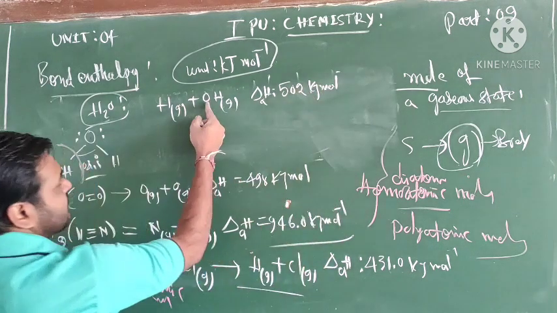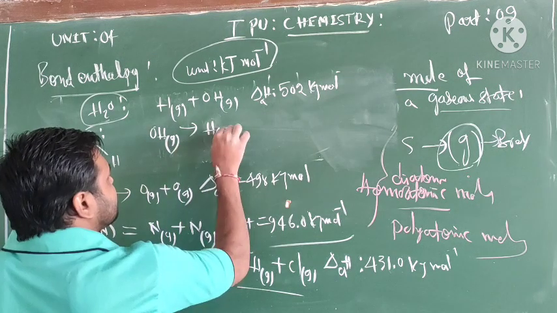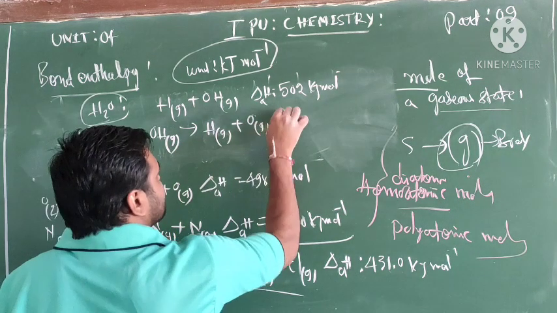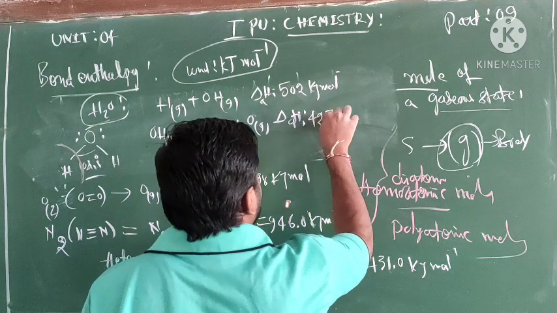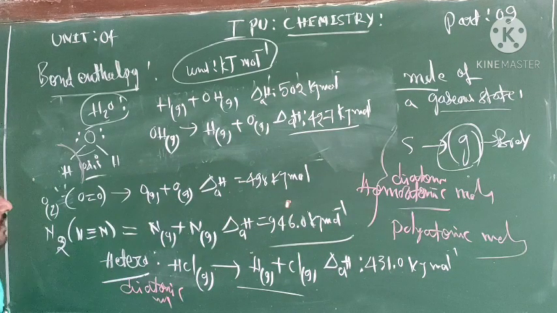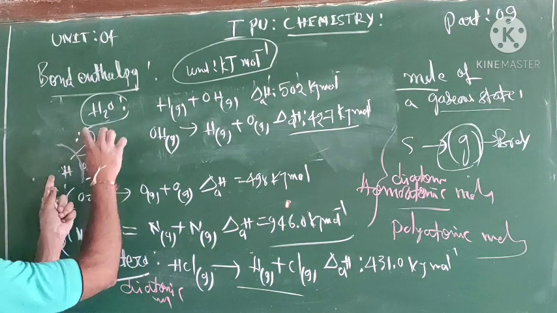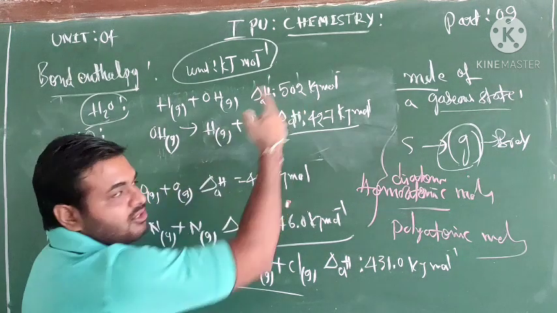Here there is one more OH gas, which breaks into H plus O. This value is 427 kilojoules per mole. Say this is OH and this is also OH. When this bond is broken, the value is 502.